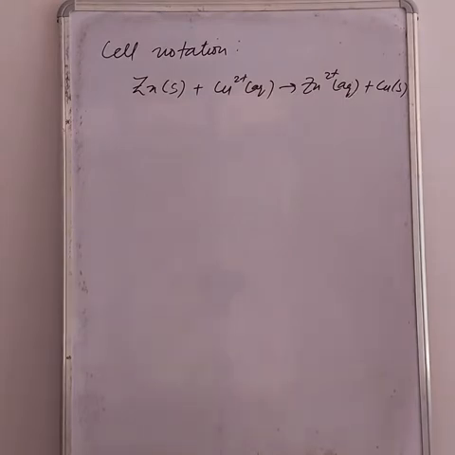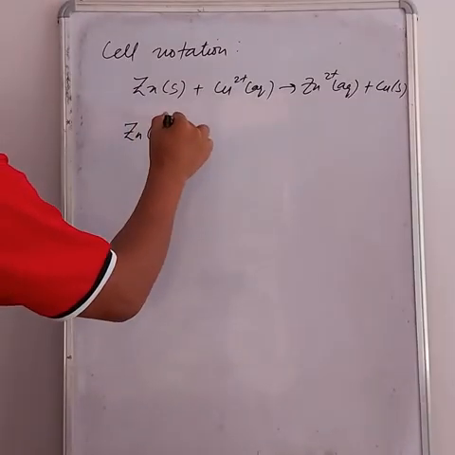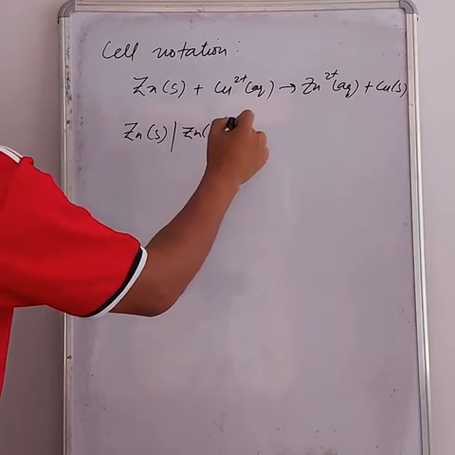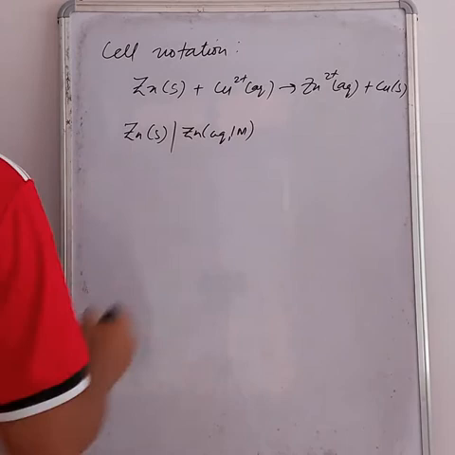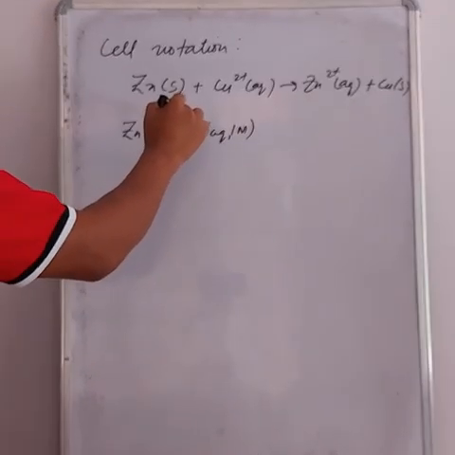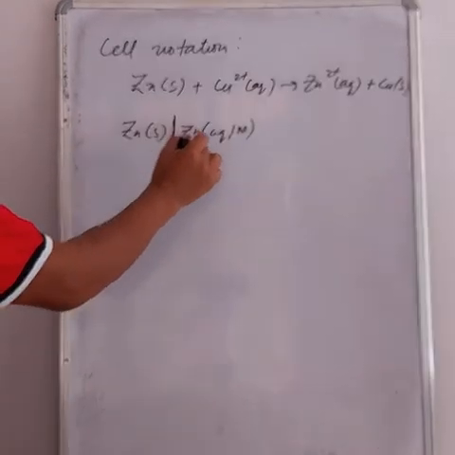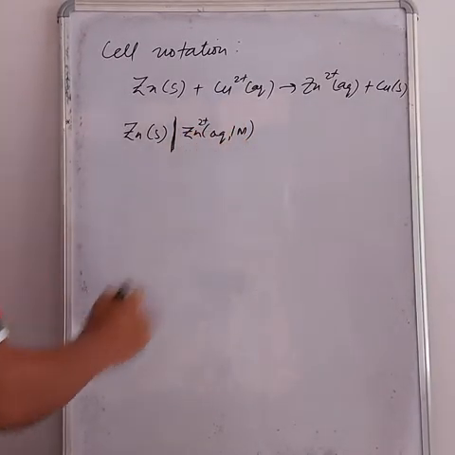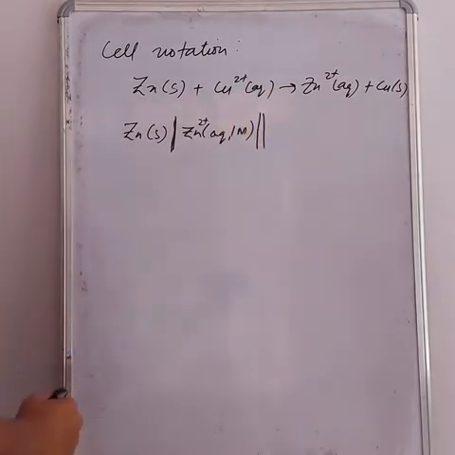So zinc solid is oxidized to zinc ions, and let's say we took a 1 molar solution. This is the phase boundary, from solid to aqueous state, and then we put 2 more lines.